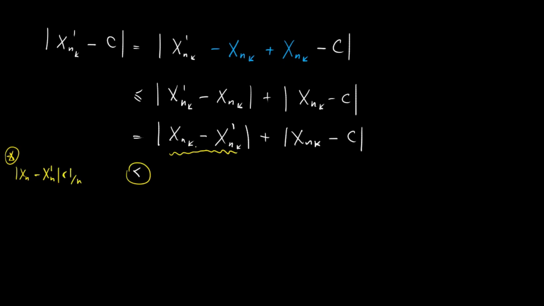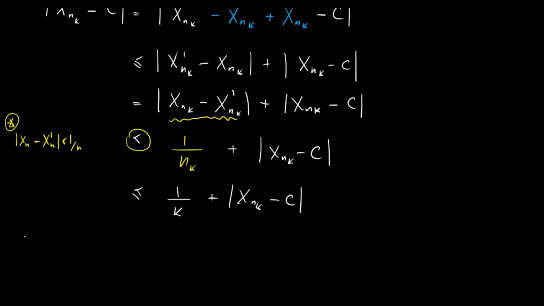And so x of n sub k minus x of n sub k prime will be smaller than 1 over n sub k. And we just leave this other term. So now if we make k big enough, then we can bound this with 1 over k plus what we had.